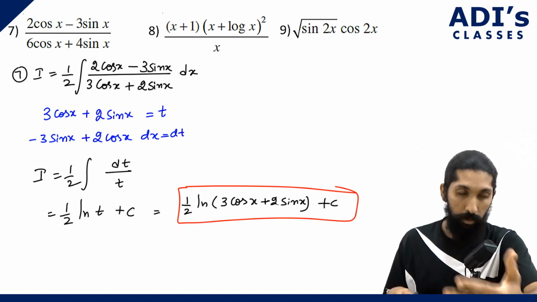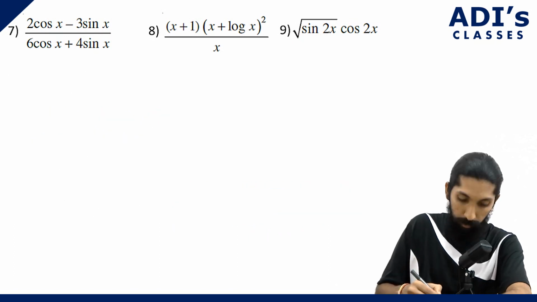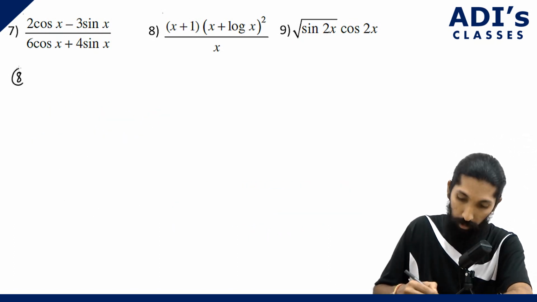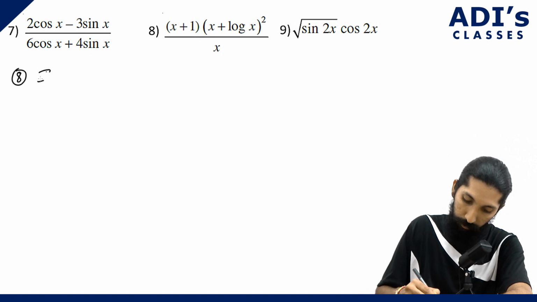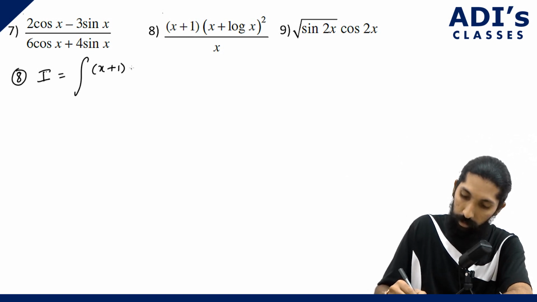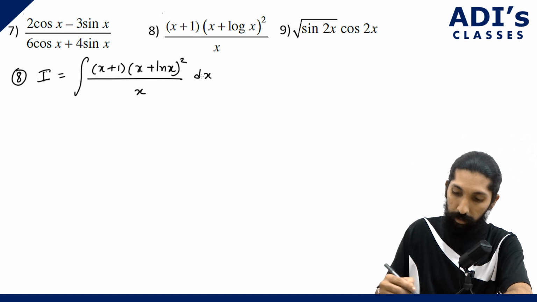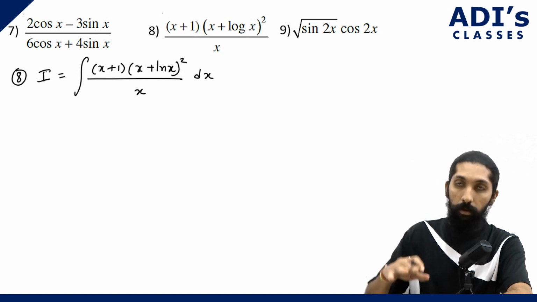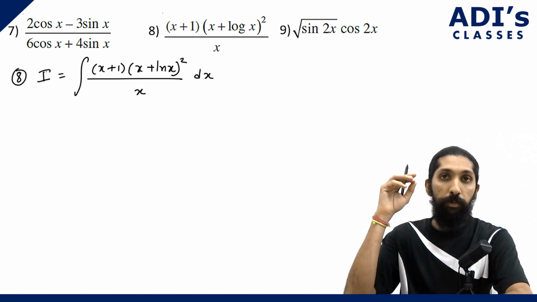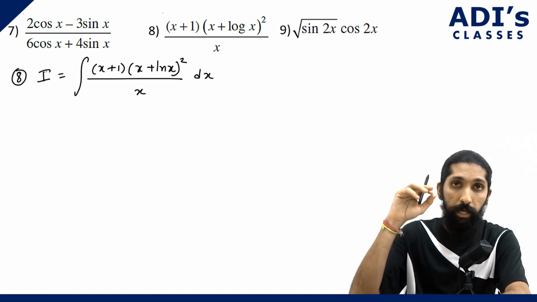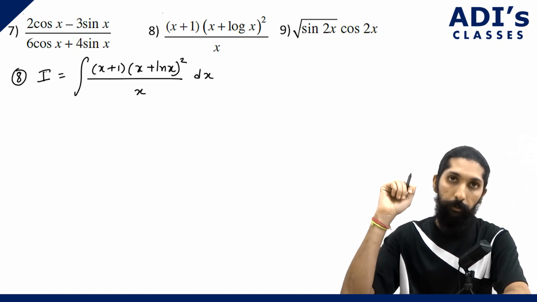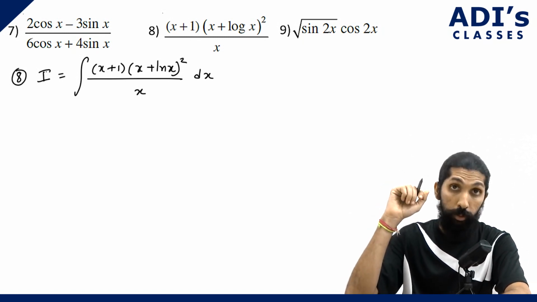Let's solve the eighth one now. You have I is equal to integral of (x plus 1) into (x plus log x) whole square, whole over x dx, correct? See, you have x plus 1 divided by x, this kind of thing. But you have a log function, right?